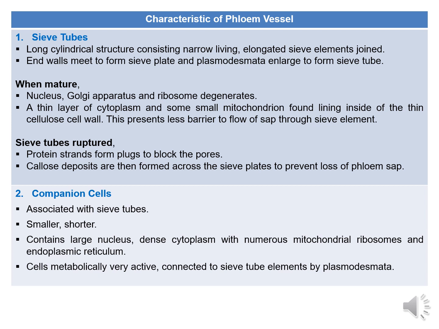At the end of each sieve element, or phloem vessel, the end wall meets to form the sieve plate, and plasmodesmata enlarge to form the sieve tube. By having long, cylindrical, narrow, elongated sieve elements joined together, it ideally helps the phloem to transport the food effectively.